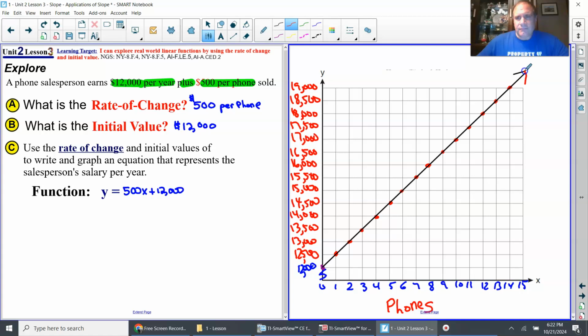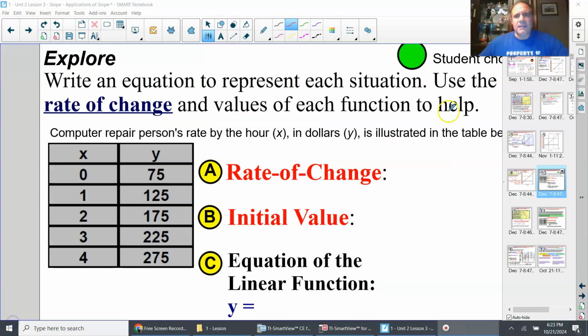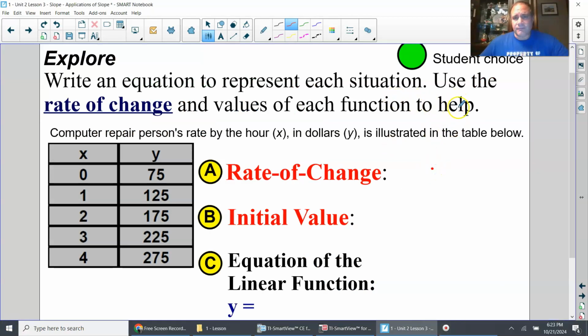And you put an arrow right there. And we had the equation is y equals 500x plus 12,000. And that is it. Okay, it says write an equation to help represent the situation, use the rate of change. And here we go.